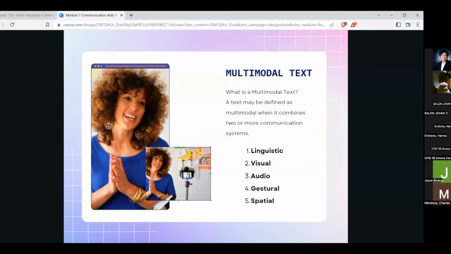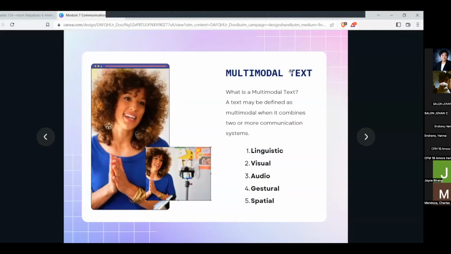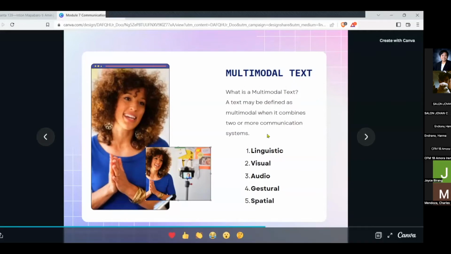We have here part 2 because this is very vital and related to your final project, wherein I will be asking you to propose a cost-oriented activity. You have to present it using the concept of multimodality.